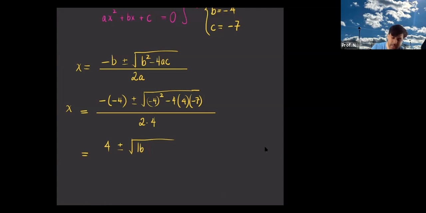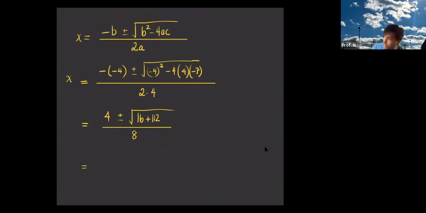So this would be positive 112, and we're going to divide that by 8. So this equals 4 plus or minus the square root of, when you add 16 plus 112, you get 128, divided by 8.